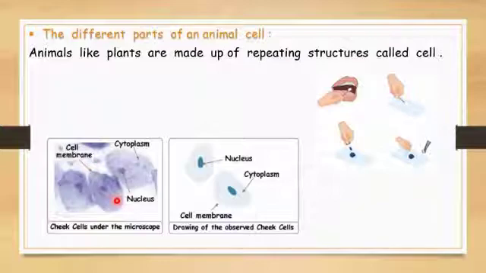To make it more obvious, I'll show a drawing of the observed cheek cells. This one is one of the cells. So this is the cytoplasm, and this is the cytoplasmic membrane, the outer one, and this is the nucleus. Okay?